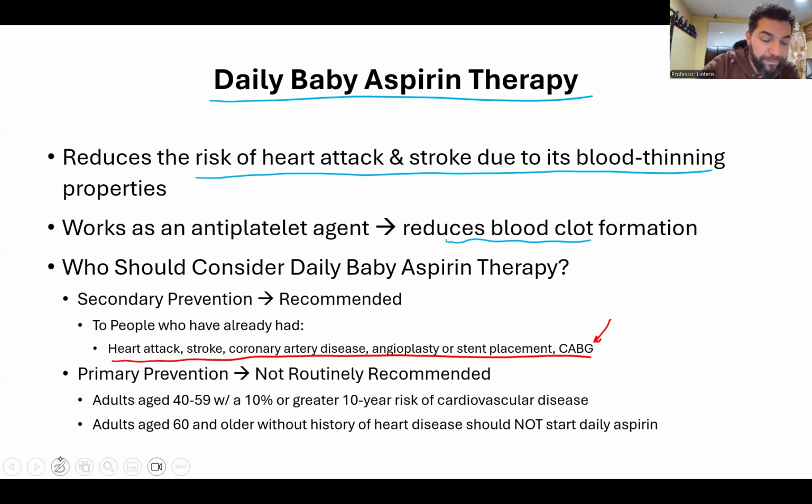So for those individuals, that would be recommended. Usually, primary prevention's not recommended, right? If you don't have any risk, if there's nothing wrong, you have no history of heart disease, it is usually recommended that you do not have to take this because you are not more susceptible to it, which makes sense.